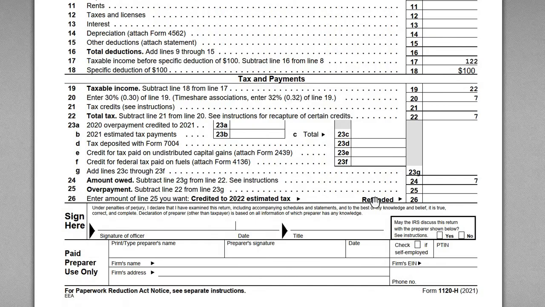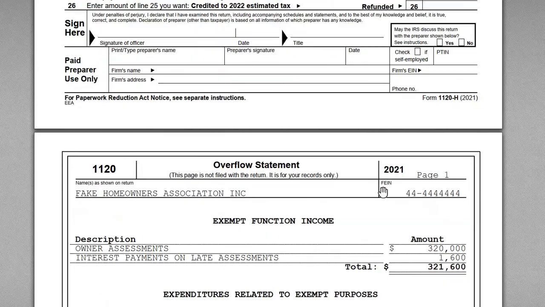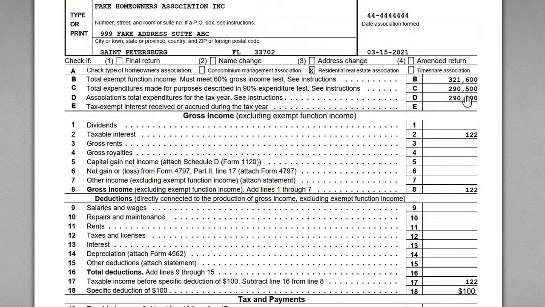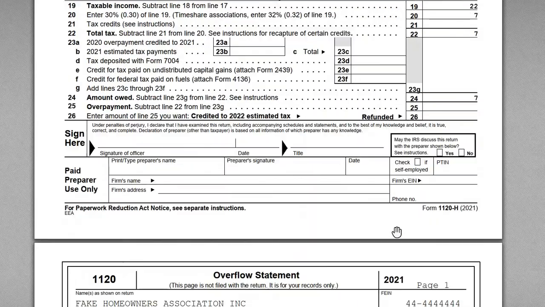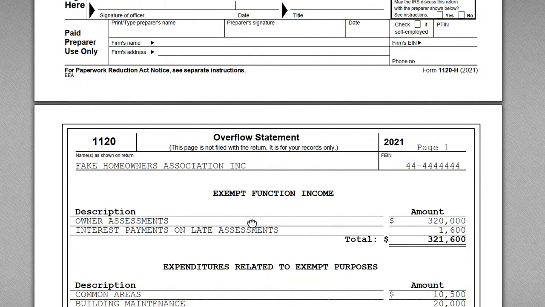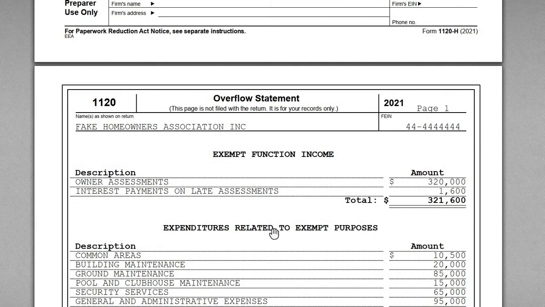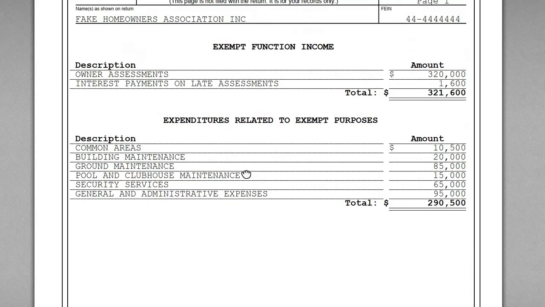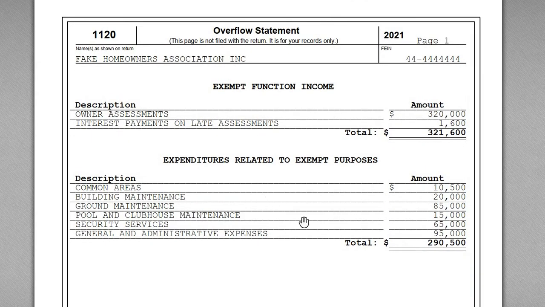Now, what I also do with these is I attach a detailed statement showing a breakout of what goes into lines B and C. So it's not required, but I do it just because I think it makes it easier for the company to trace these amounts, and if the IRS were ever to look at it, I suppose it's to provide you a little more information.